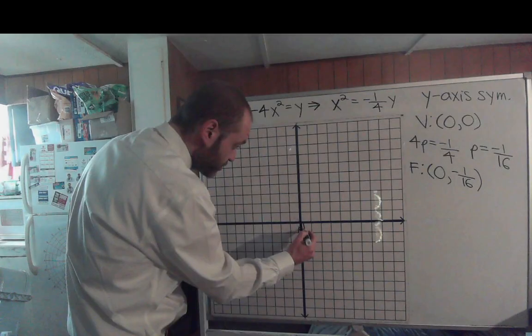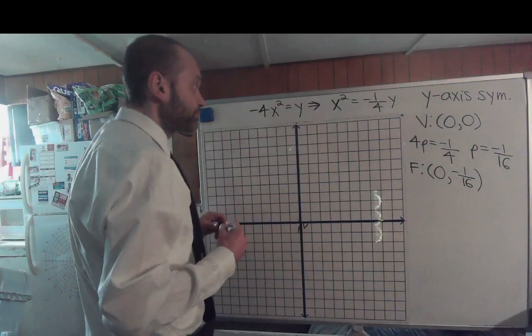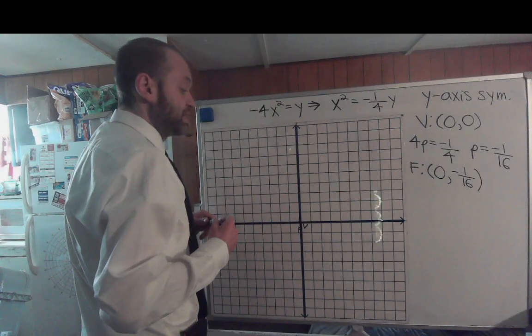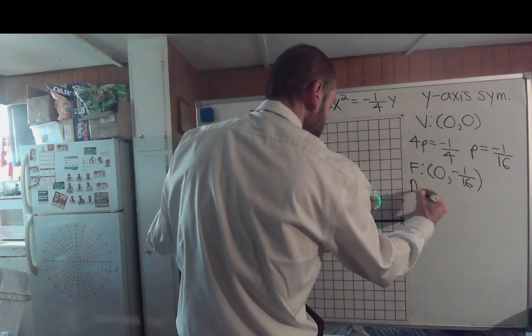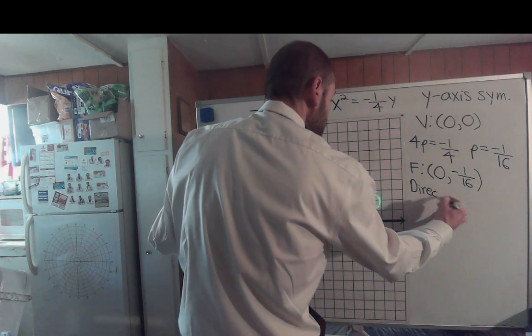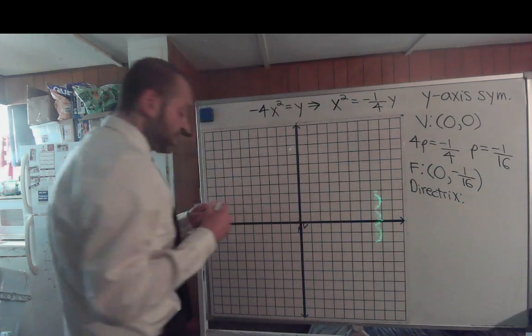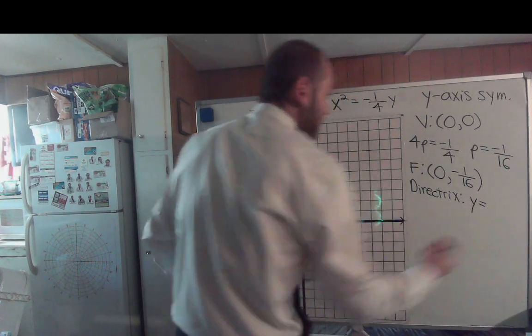Vertex right at the origin. Focus pretty much right below it. And then let's go ahead now and take the directrix. So that's what we want now, is the directrix. Well, it's just going to be in the form y equals because we have y-axis symmetry.